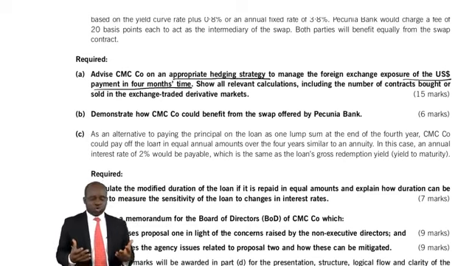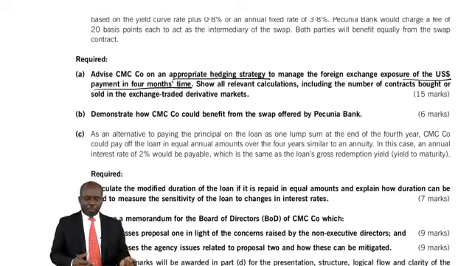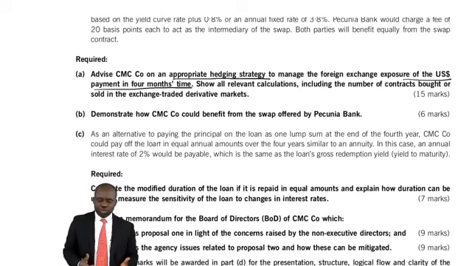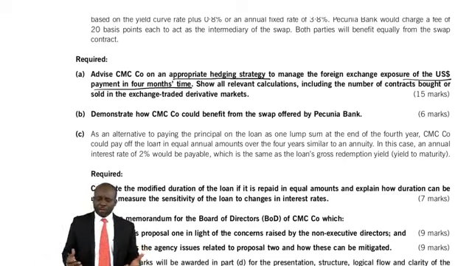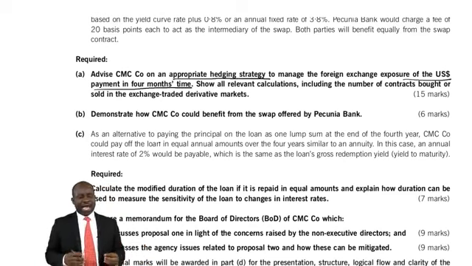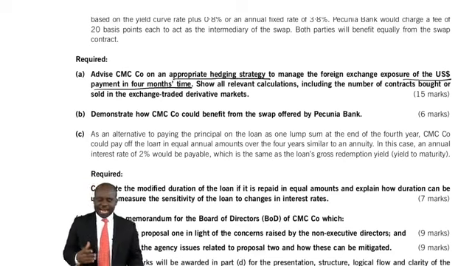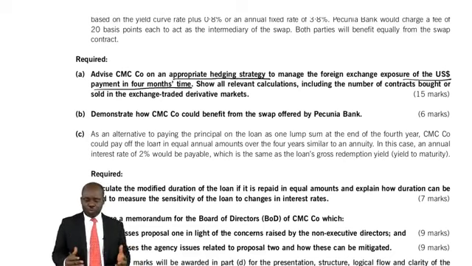When I go to the scenario, because the requirement is to come out with an appropriate hedging strategy, I know that if it is currency, there are so many different hedging strategies that could be used: forward contract, money market, futures, options, swaps, and all that. So which one has the examiner given me the necessary information that I can use to protect against my exposure?